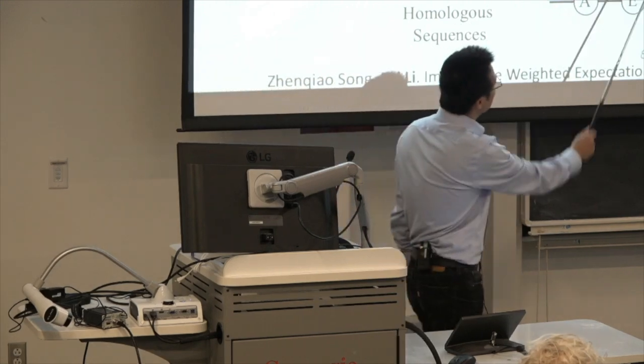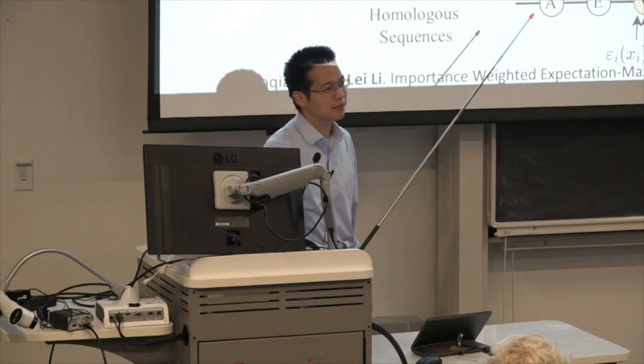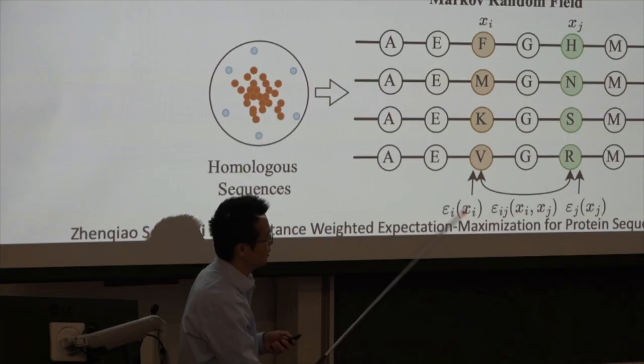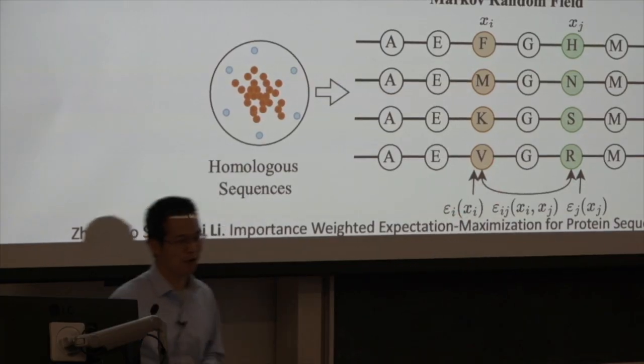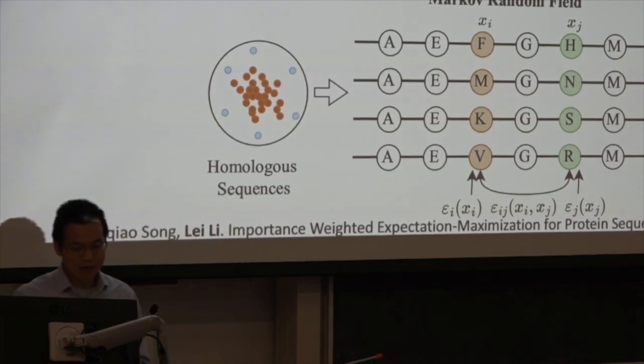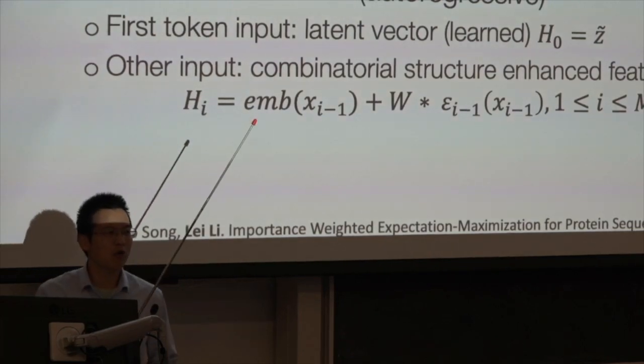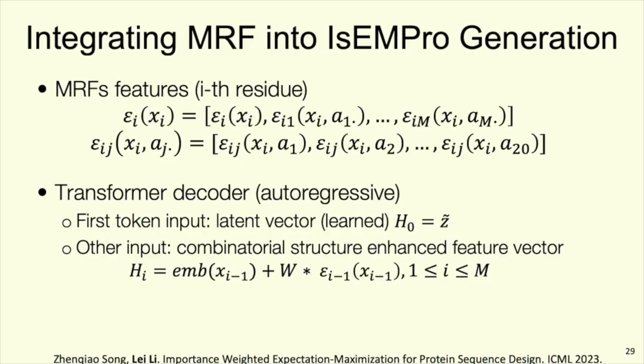A Markov random field basically captures the pairwise correlation of the tokens in a sequence. So we can learn it separately from the data. Once we learn that, those are the weights learned in this model, and we can incorporate this feature into our decoder, into our generator.